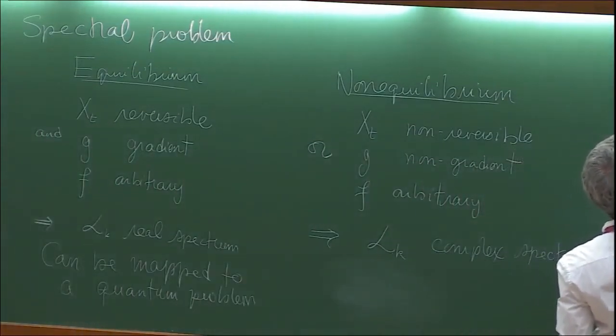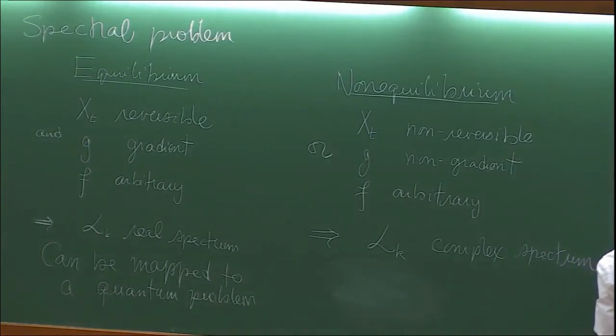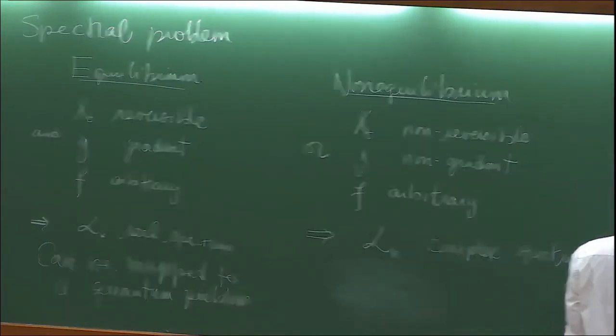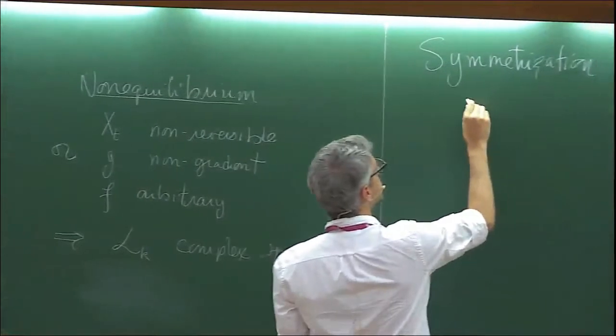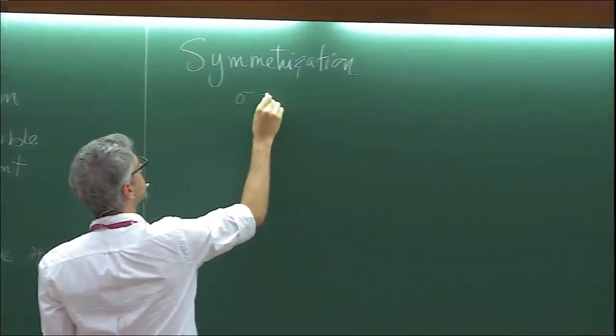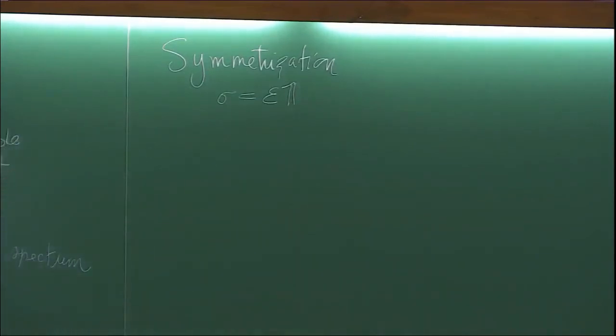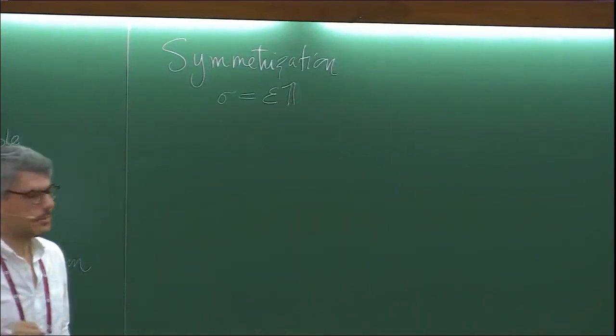This is something that's known. You can do this for jump processes. You can do this also for Markov chains. And so I'll show this for diffusion. I'll look at a specific diffusion, a very easy case where sigma is proportional to the identity matrix. So essentially you have the same temperature in all the noise components.